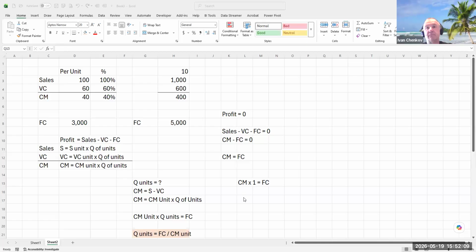No. But I can say that 1 is equal to sales divided by sales, correct? If I get sales divided by sales, is that 1? So now I can have a new formula. The new formula will be contribution margin times sales divided by sales should be equal to the fixed cost.